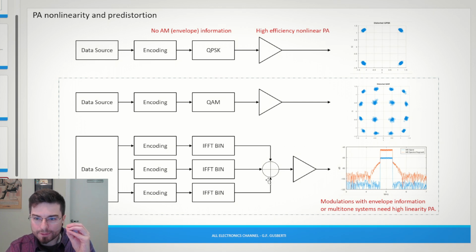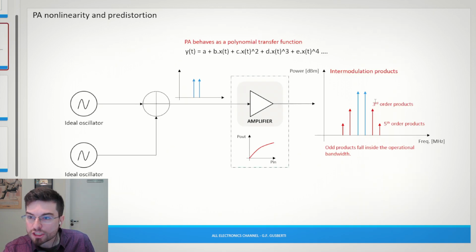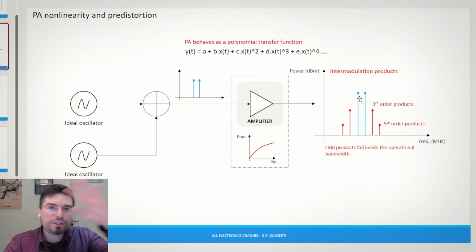Imagine that each modulated signal here will intermodulate with the others. So imagine this situation here, but with a lot of tones, each tone modulated by its own signal source, and all these tones generating intermodulation with the others. This is the big problem for multi-tone modulations and modulations that encode the signal in the amplitude.